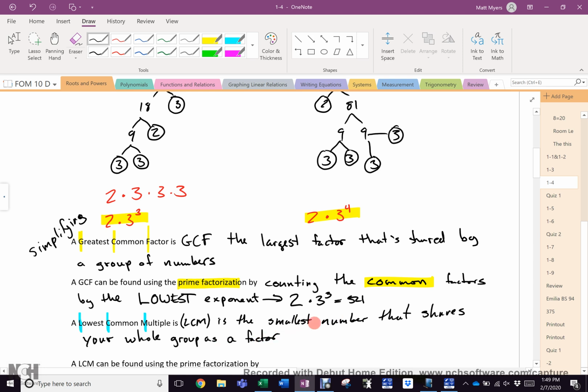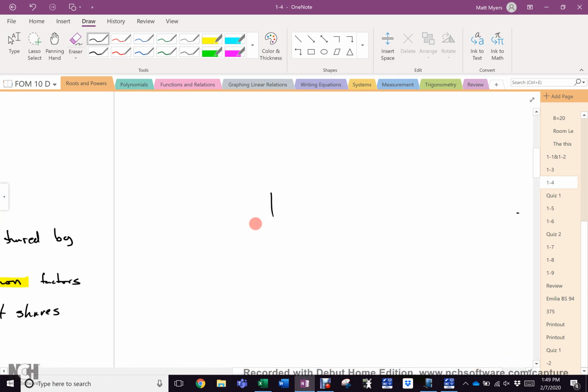Now that's a little cumbersome to read, but you already know this. Lowest common multiple, you know it as lowest common denominator. You've all done that before. I'll take a quick second just to remind you.